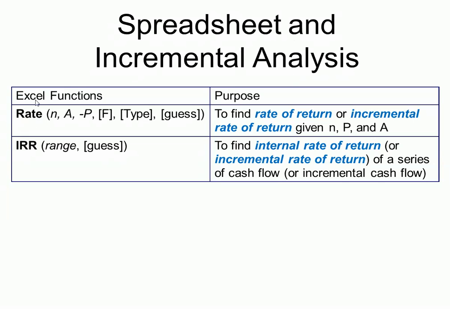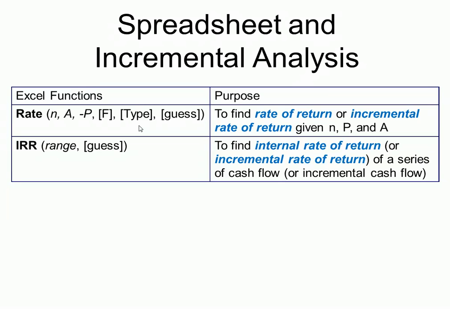One is the rate function in Excel. This rate function allows us to find rate of return or incremental rate of return given the specific values of either uniform equivalent amounts or present worths or future worths. The type denotes the choice of whether we are using the end of the period assumption or the beginning of the period assumption.